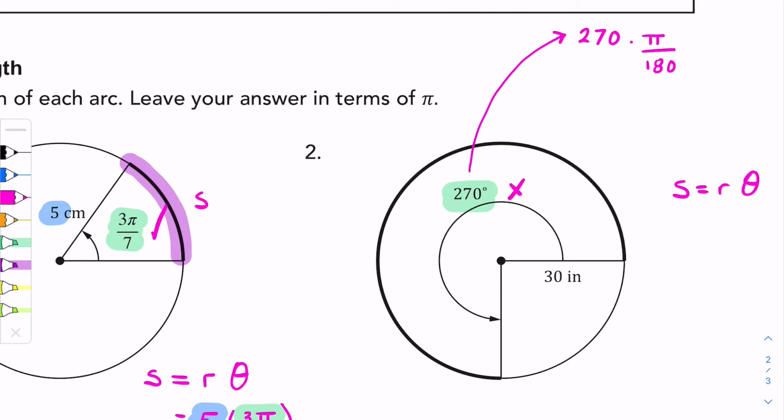When I multiply by pi over 180, 90 goes into both 270 and 180. It goes into 270 3 times and 180 twice, leaving me with 3 pi over 2. So I'm going to replace 270 with 3 pi over 2. It's equivalent. One of them is in radians, one of them is in degrees.